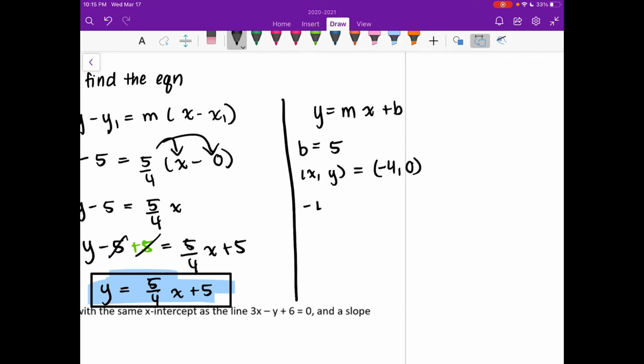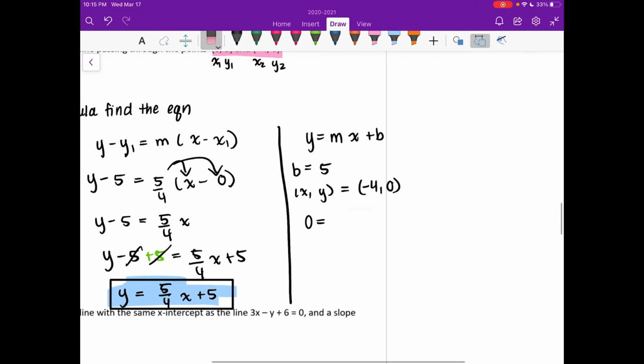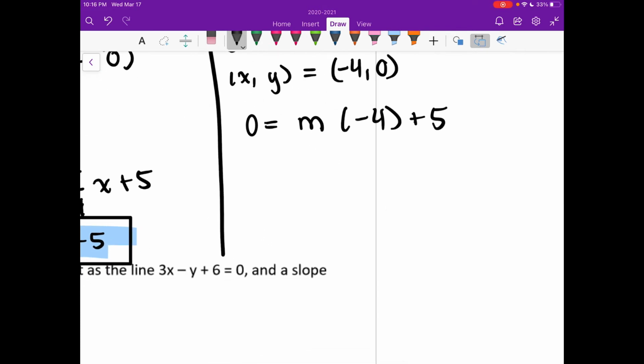So let's do this. I have negative 4 and 0. So y equals mx plus b. I have y, which is 0, m we don't know, that's what we're looking for, and x is negative 4, plus we know b is 5. So we're just going to plug all those values in. 0 equals negative 4m plus 5.